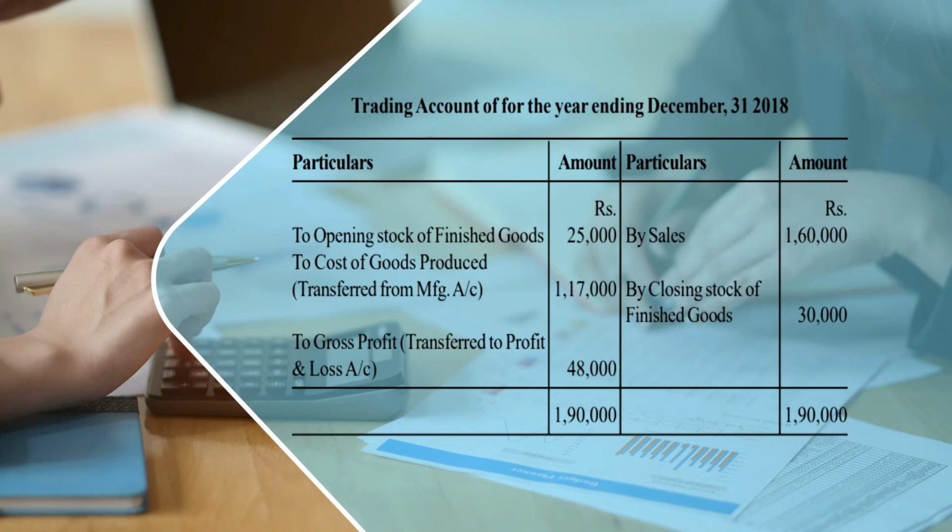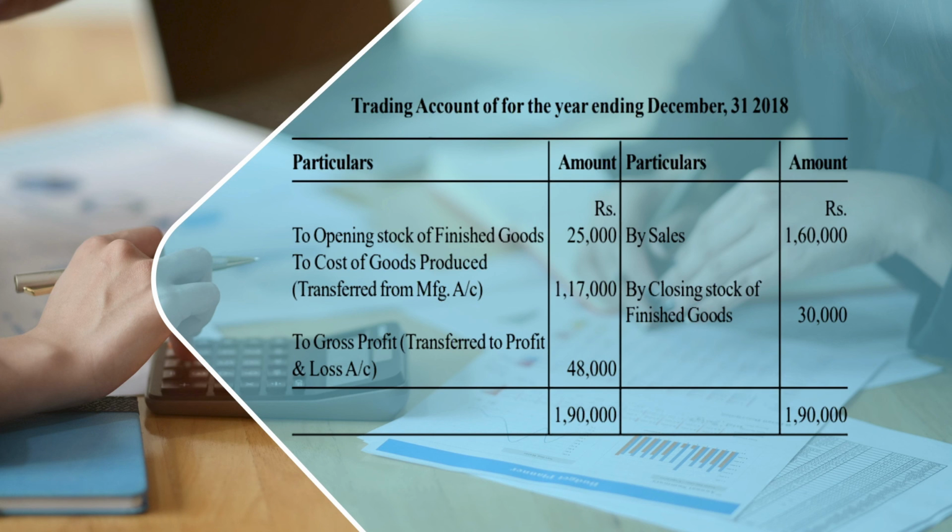And as far as the opening stock of semi-finished goods and closing stock of semi-finished goods is concerned, it is shown in the manufacturing account: opening stock of work in progress and closing stock of work in progress. And as far as the opening stock of finished goods is concerned, it is shown in the trading account, and closing stock of finished goods is again shown in the trading account.